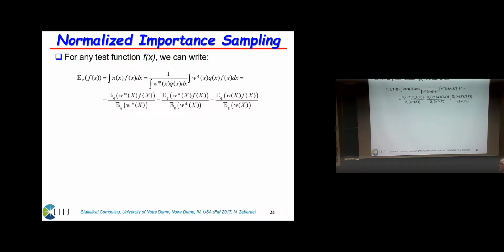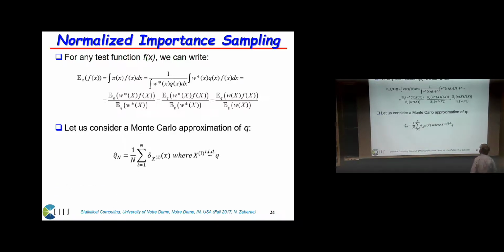If pi is not normalized, how do you recall when you have this divided by that? The ratio of two estimators. Before we had one estimator that applied Monte Carlo, now we have the ratio of two estimators, the estimator of w star f and the estimator of w star.